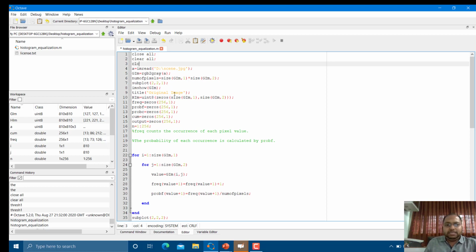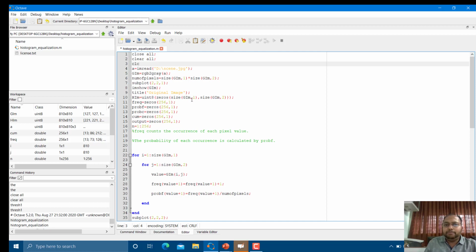Now let us show this image. So we are going to show it. Now let us define one variable which has the same size as your gray image, so unsigned integer 8, and zeros, all the values are zeros with the size of 810 by 810.